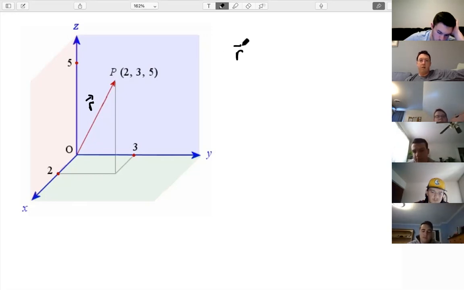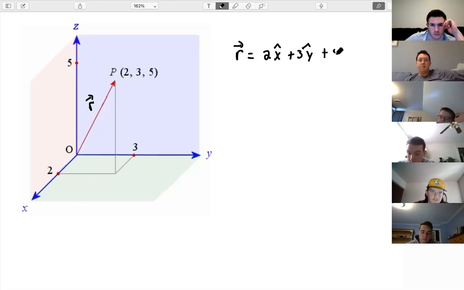How would I write R as a vector? Two x hat, three y hat, and five z hat. Yeah, so that's how I would do it: 2x hat plus 3y hat plus 5z hat.